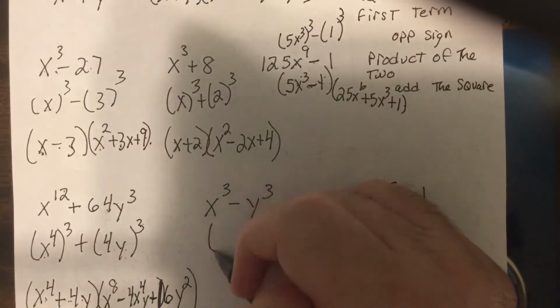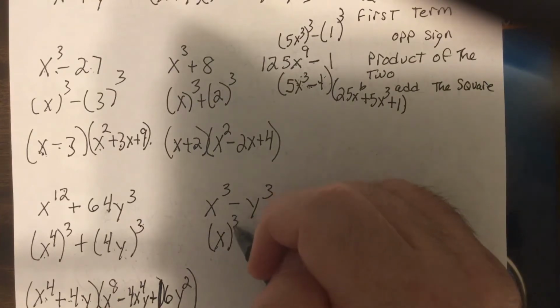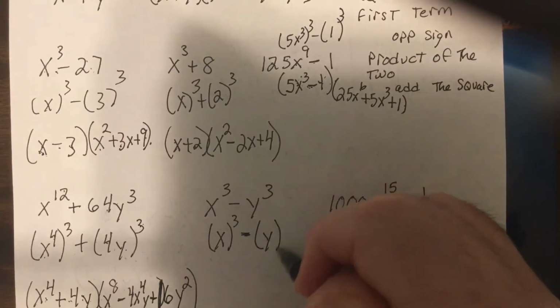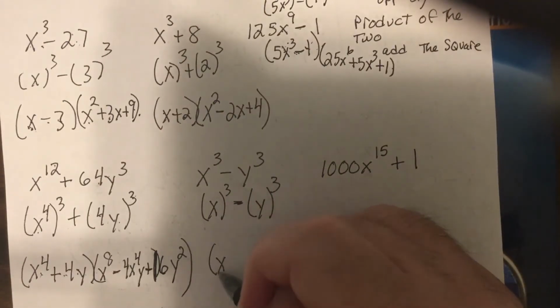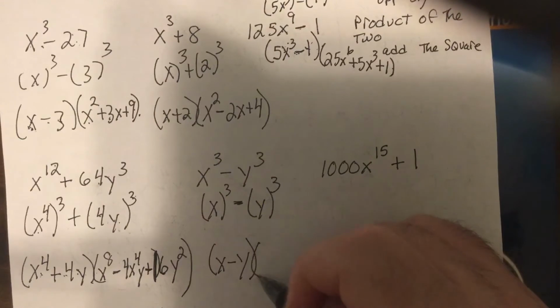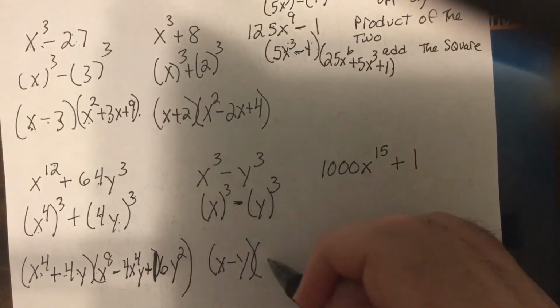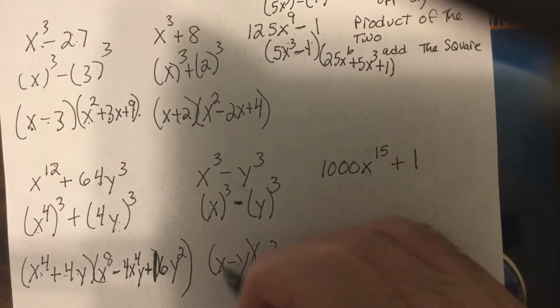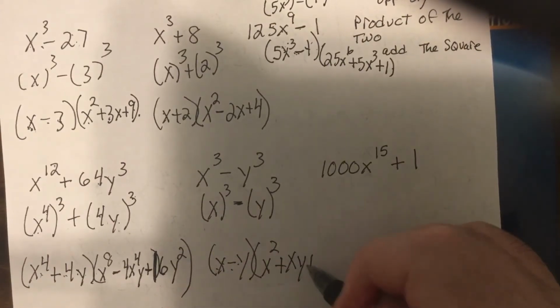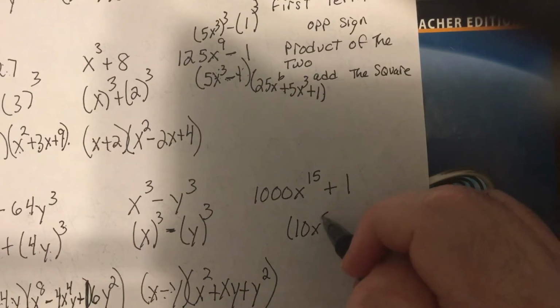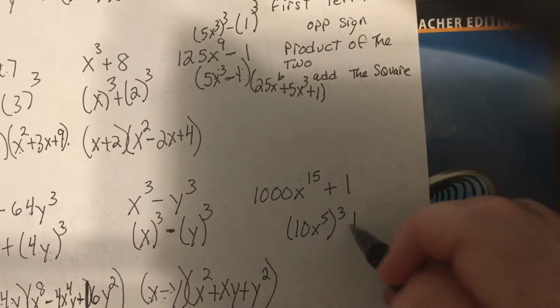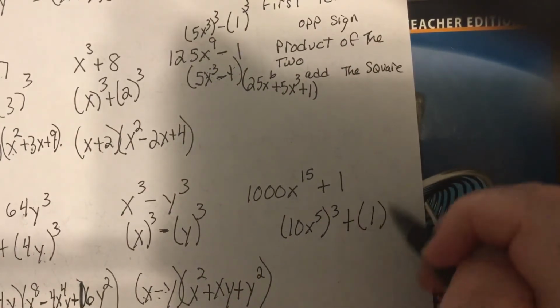Okay, what are we cubing? X to the 3rd minus y to the 3rd. So first, write it without the cubes. Then square the first term, opposite sign. Product of the 2, add the square. Okay, so 10x to the 5th cubed plus 1 cubed.